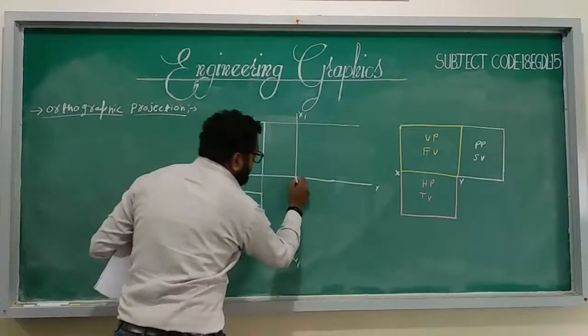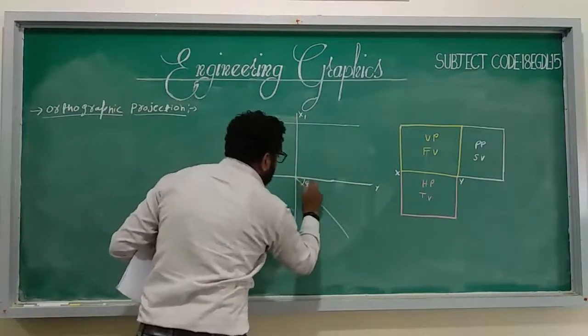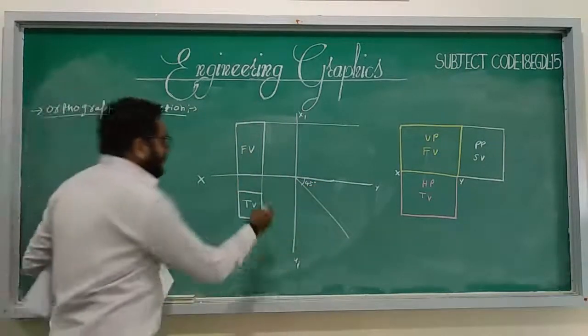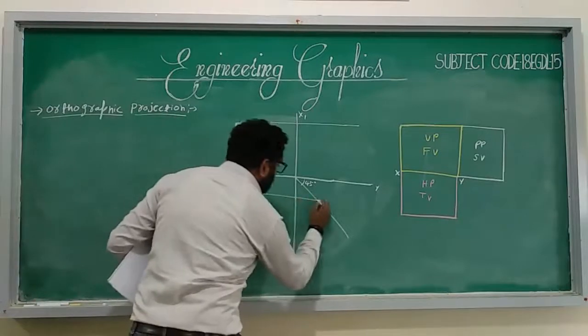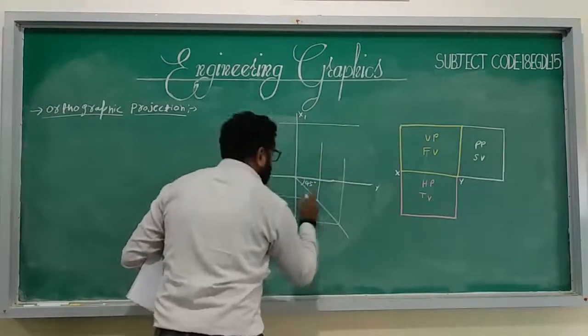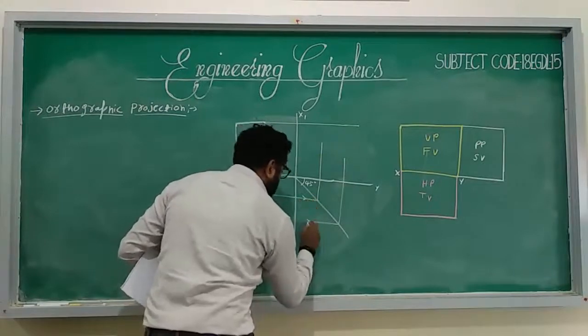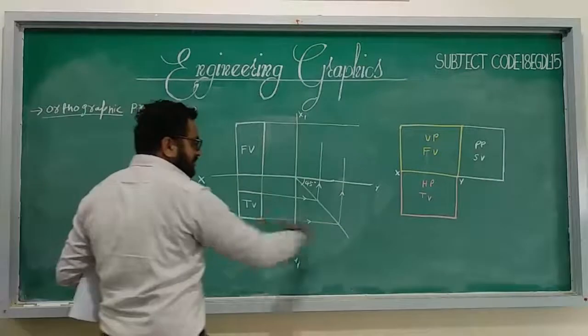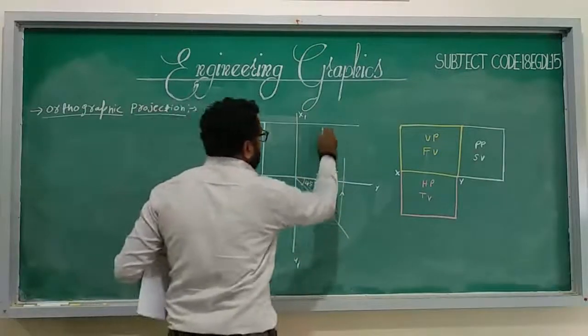And this is the empty portion. So here we always need to take a 45-degree line, and all the views from here should be carried up to here. Then you should take the vertical direction and move it. Okay. Like this, we need to draw a projection line to get the side view.